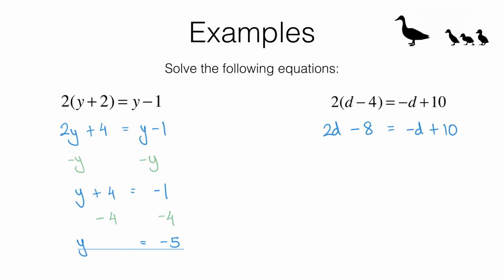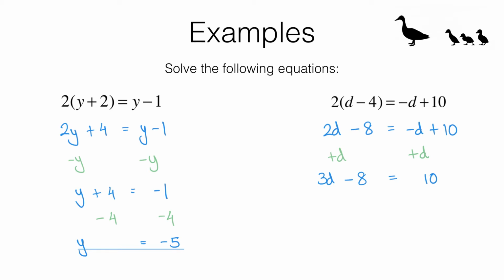Now, what I'm going to do is add d to both sides. By adding d to the right-hand side, I'm going to eliminate the negative d there. So I'm going to have just 10 on the right-hand side and 3d minus 8 on the left-hand side.